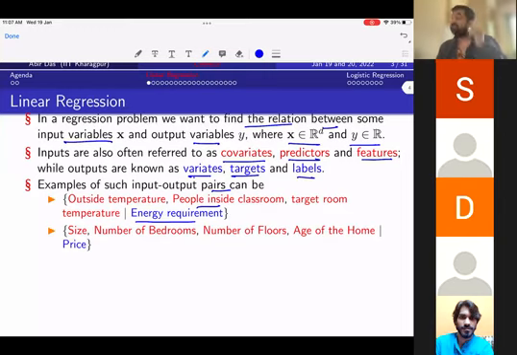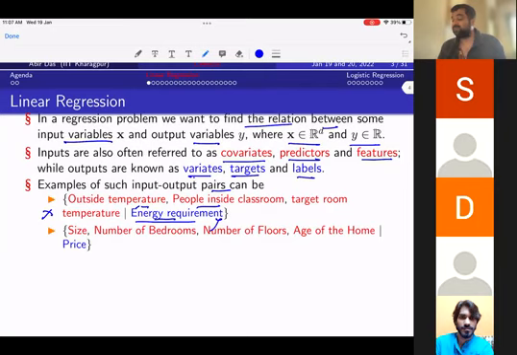Depending on that, you need to turn on a heater or an AC, and how much temperature you want to target. Depending on all of these, you need an energy requirement, which is a scalar, some kilowatts. Outside temperature, people inside the room, and target room temperature can be taken as your x's, and this is y.